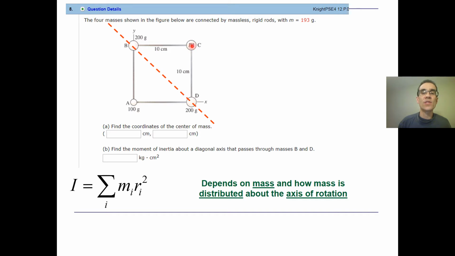What's the distance of this mass to the axis of rotation? It should be this half diagonal from here to here, squared, times its mass. Add this term with that term. You have two terms in this rotational inertia. You see that these two contributions will be zero because they're right on the axis. Their perpendicular distance to the axis is zero.